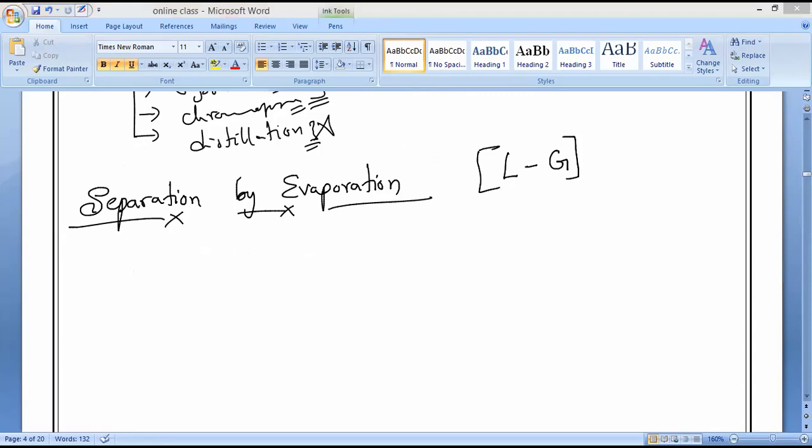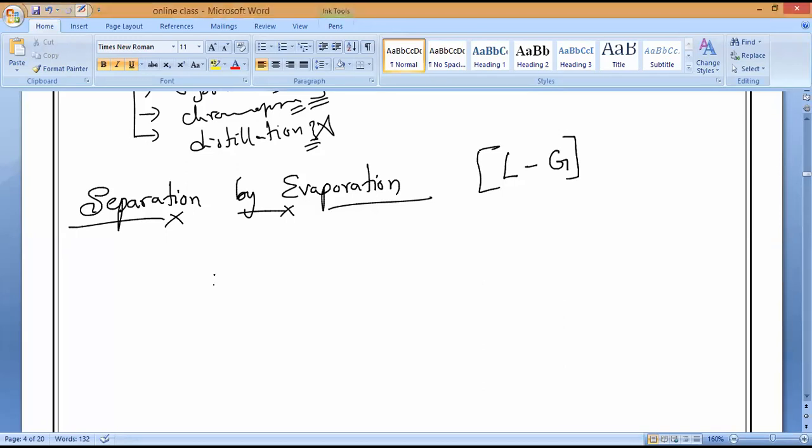So remember, the changing of liquid into vapors or gas is only called evaporation. Evaporation is used to separate a solid substance that is dissolved in water or any other liquid.